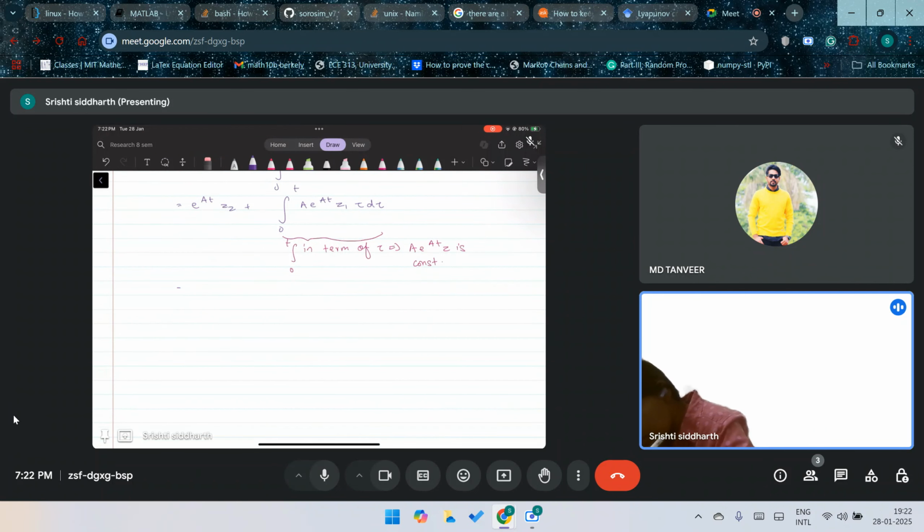So this is e to the power At z2. This is simply e to the power At z1 integral 0 to t, sorry, tau theta.